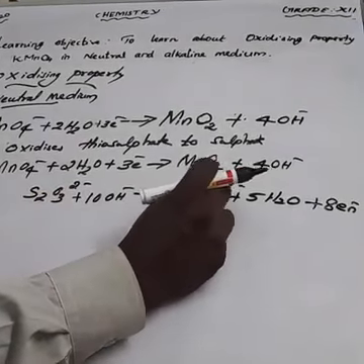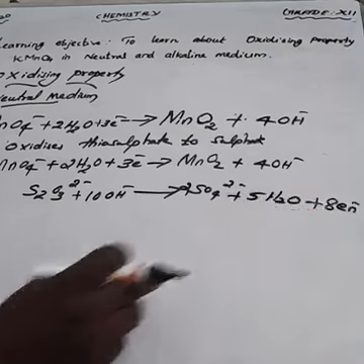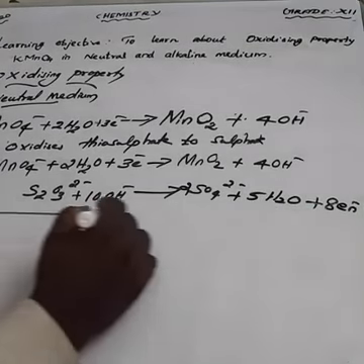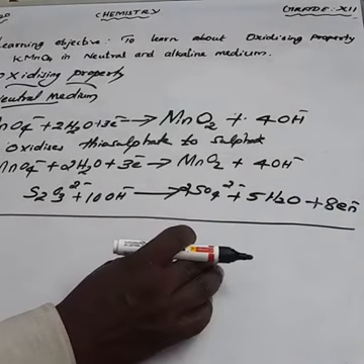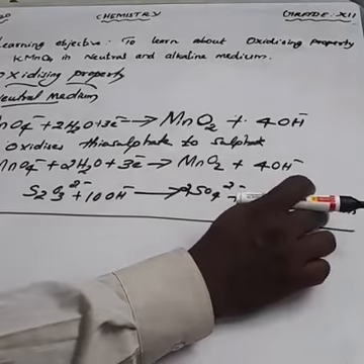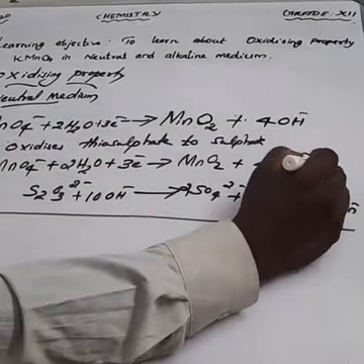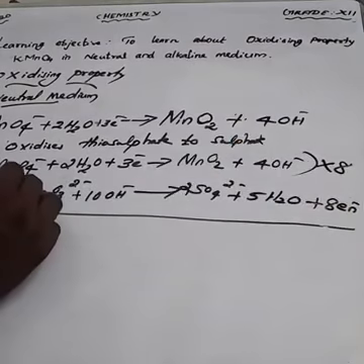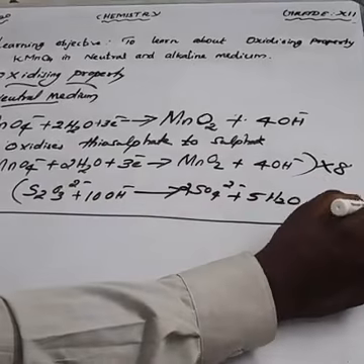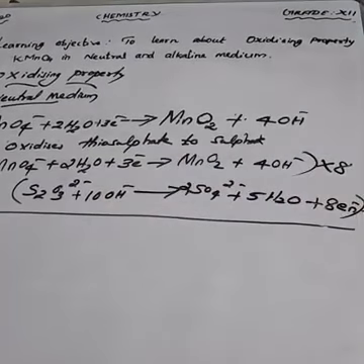The remaining you should balance by writing 8 electrons. 12 out of 4 means 8, so 8 electrons we are adding. Next, you should equate the above equations. The first equation is multiplied by 8, and the second equation is multiplied by 3.